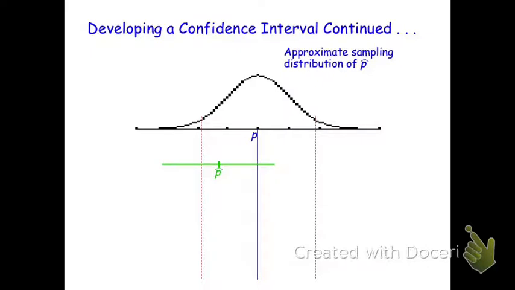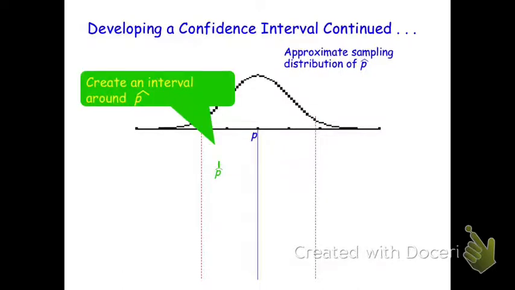Please don't talk right now, I just want to explain it. So I took a sample and I got this p hat right here. Let's say the true proportion of people that brush their teeth at least twice a day is 83%.